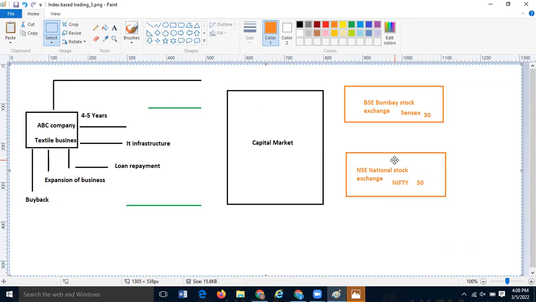In the same way, if ABC company wants to raise money in the capital market via these major exchanges, they have to become a member. For becoming a member, there are certain norms, certain rules that have to be fulfilled by them, and then they can become a member.